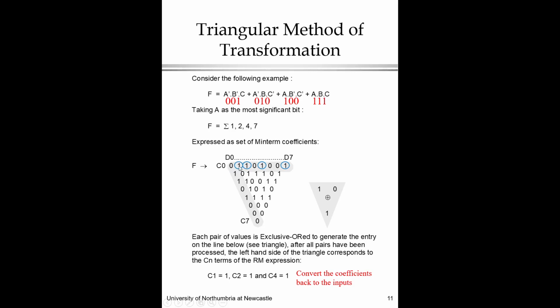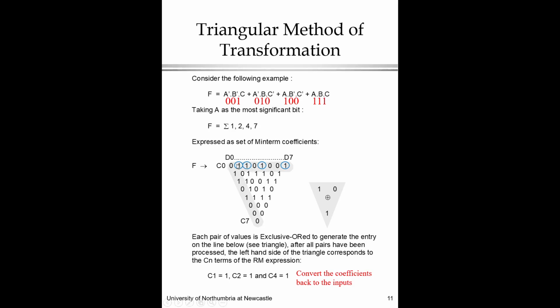0, 1, sum will give you 1. 1, 1, sum will give you 1, 0, but we'll only take the last value. So 1, 1 will give you 0. Okay, we'll continue from here.